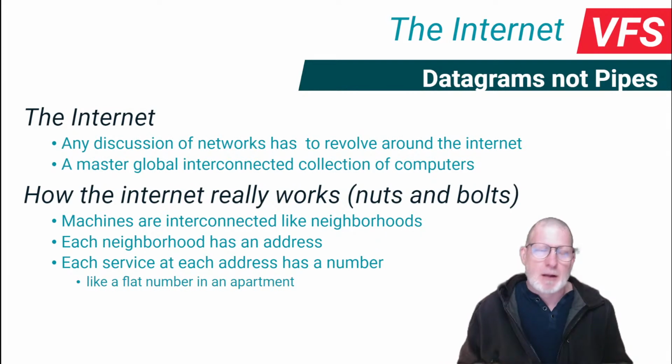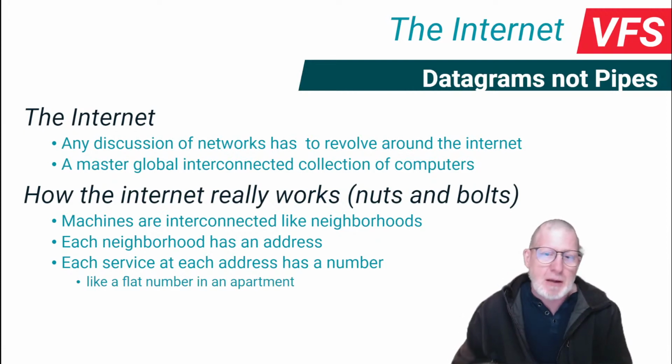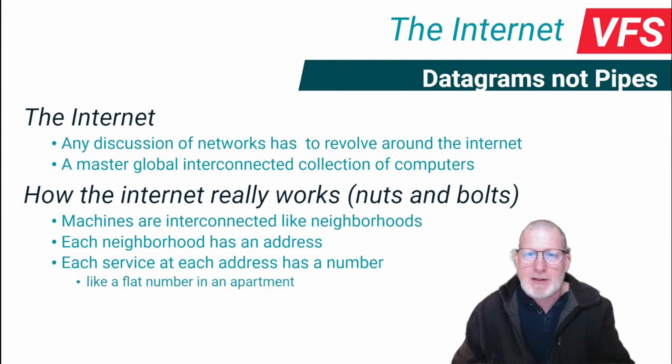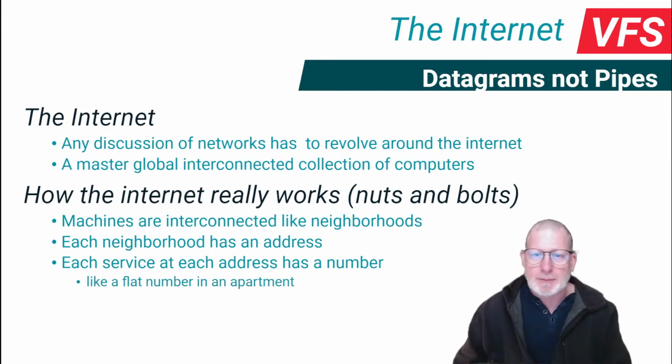The internet itself is a collection of wires. There's nothing fancy or special about it. How the internet really works really comes down to how are the machines interconnected with each other. And that largely comes down to one main issue, which is how do I talk to another machine? How do I physically say that guy over there?